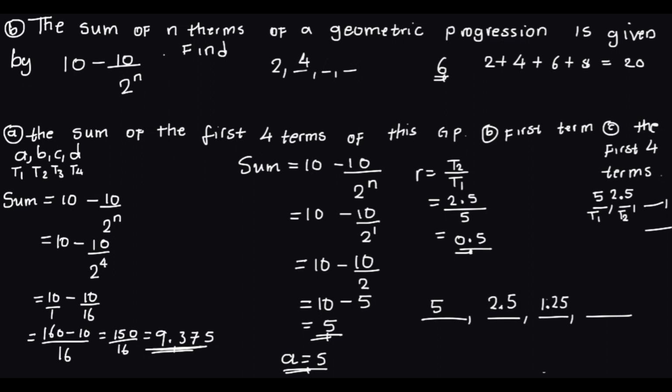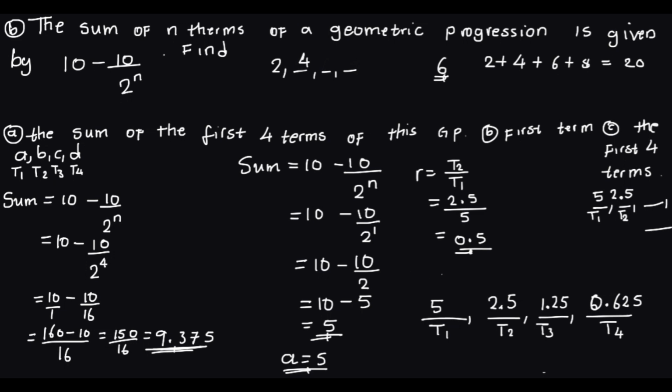Then this number times 0.5, we get 0.625. So this is our first term, second term, third term, then our fourth term. So this is how we can find the first 4 terms.